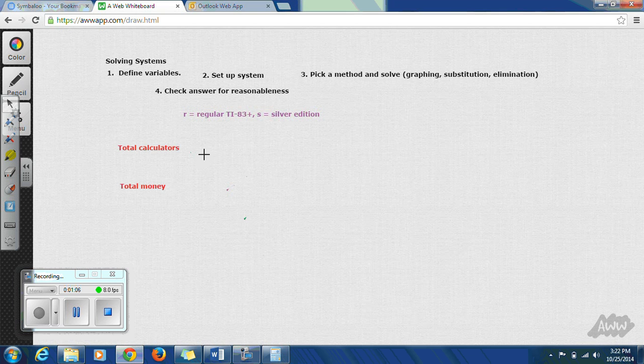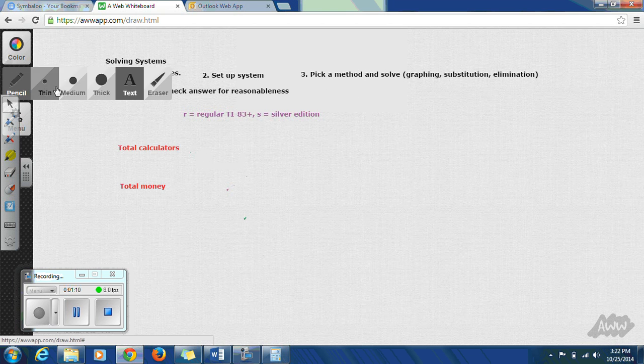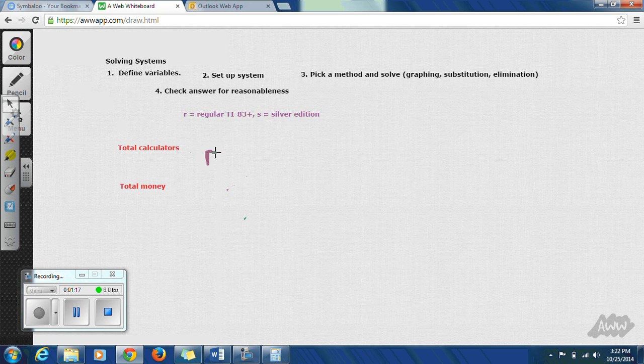That means for some number R plus some number S of regular and silver calculators, it should equal a total of 350 calculators.